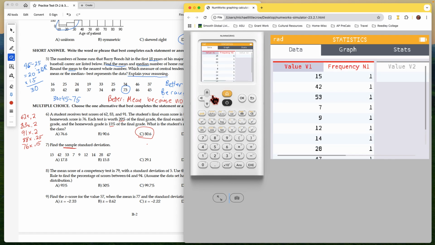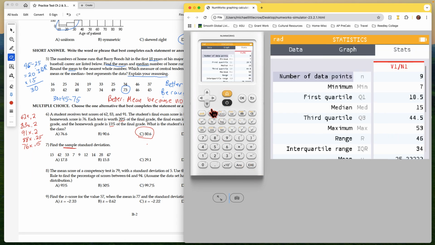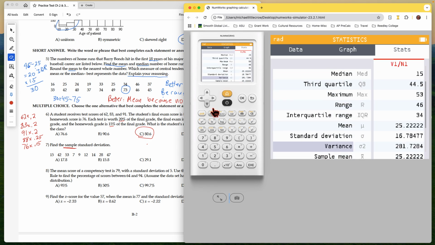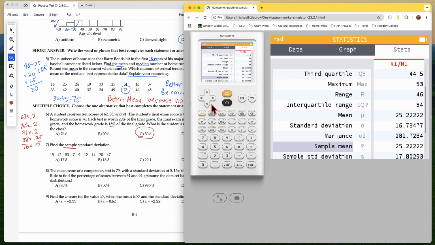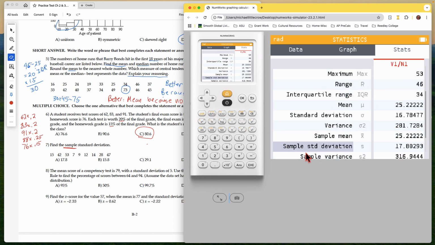Okay. So now we come over to stats, and we just need to look it up, right? We come down here, but be careful here. There's a standard deviation, but don't be fooled. That little Greek symbol means it's the population. And then you come down here, the sample standard deviation, 17.8.